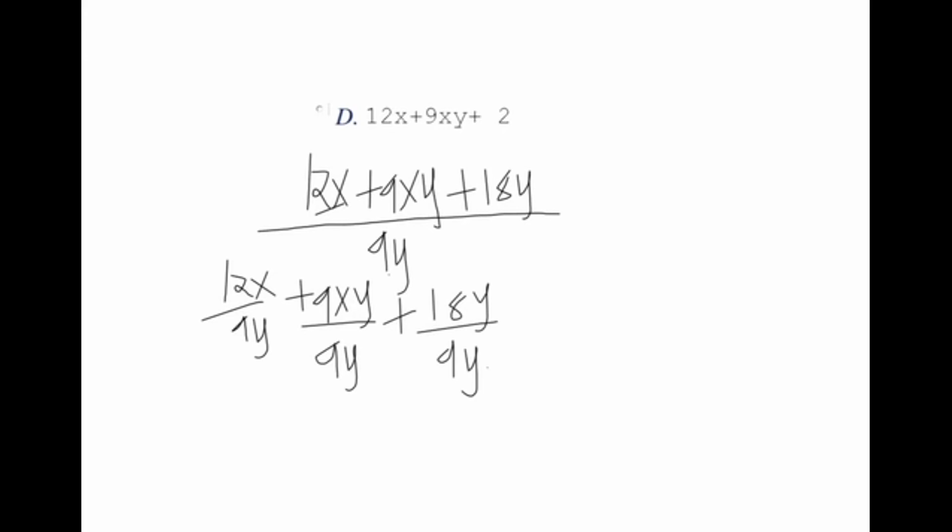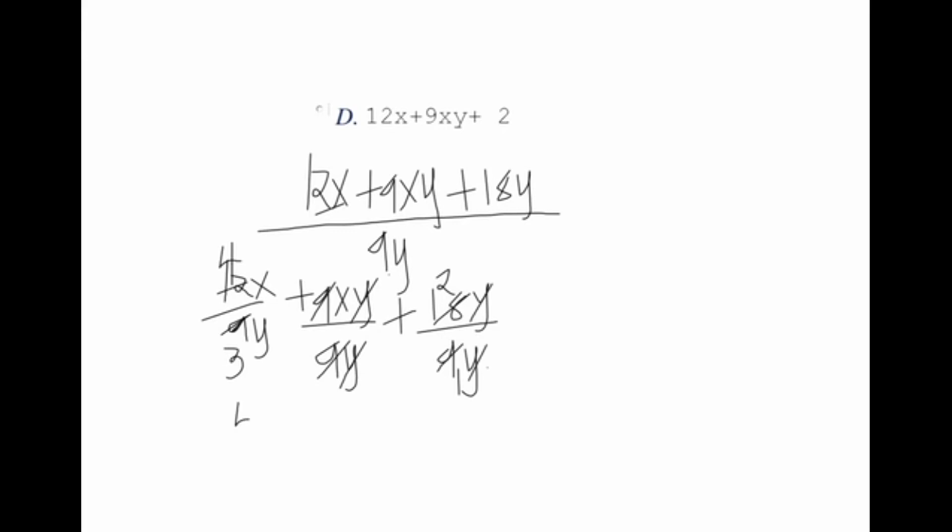So from here we are going to simplify. 9 divided by 3 is 3, 12 divided by 3 is 4, 9 and 9 cancel, 9 divided by 9 is 1, 18 divided by 9 is 2. Then y and y cancel.